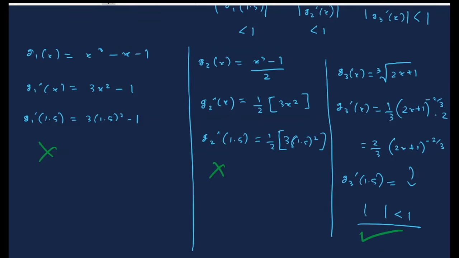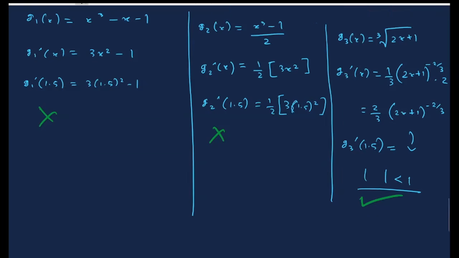So now we are good to go to solve this problem. For our case, the g of x here is the cubic root of 2x plus 1, and here we have to apply this algorithm. The initial value of x0 is given as 1.5.